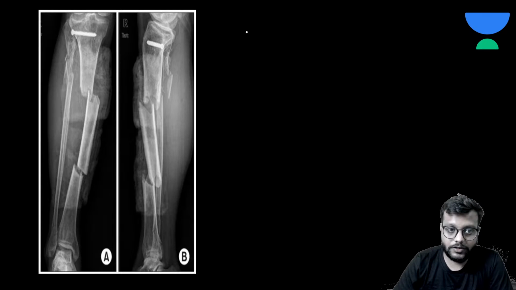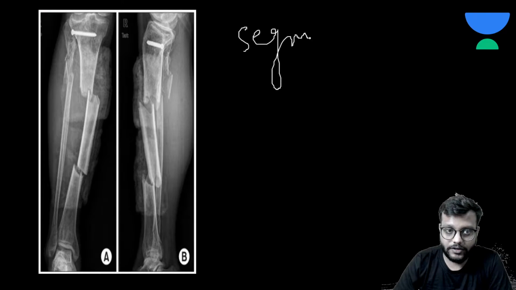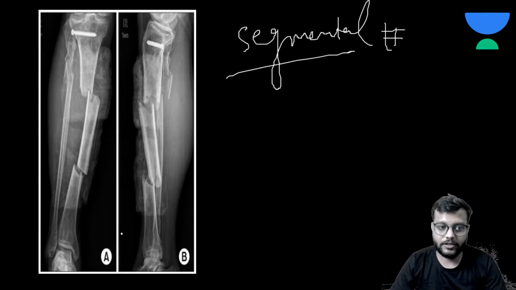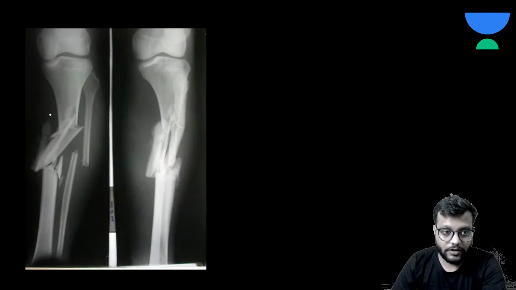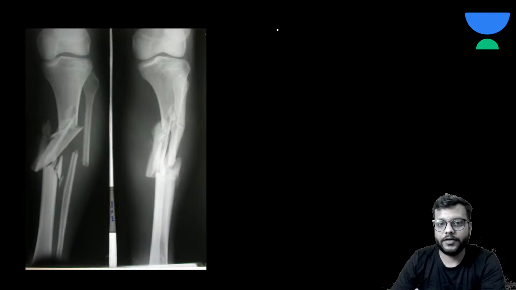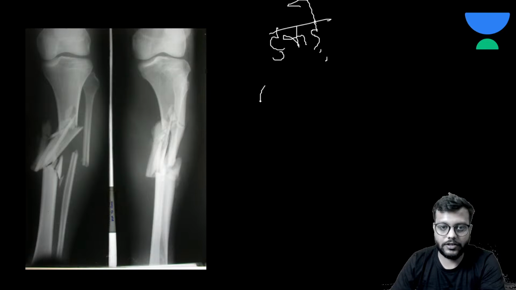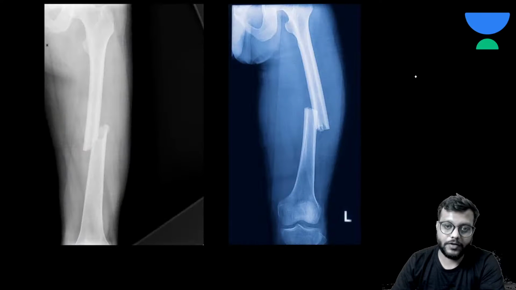Now this is segmental fracture. Okay, more than one fracture lines and segments in the bone. This is, what do you see in this? You see fragments. So this is comminuted fracture.